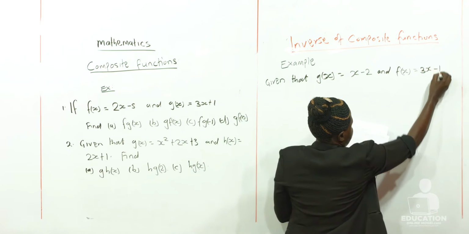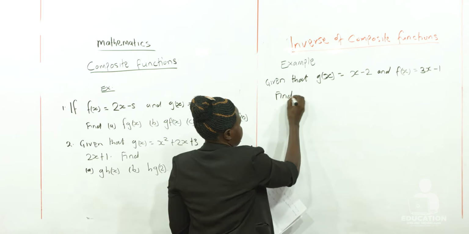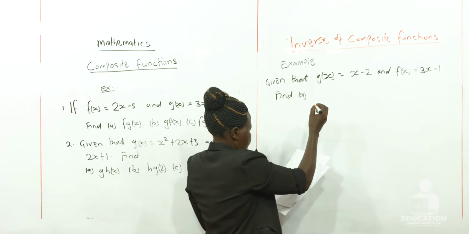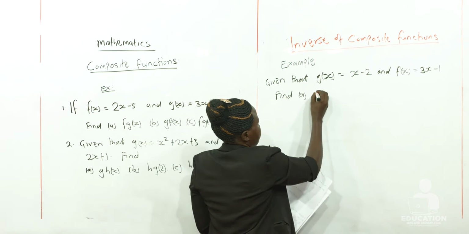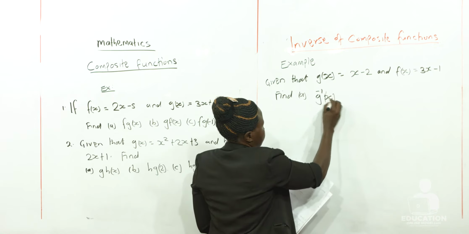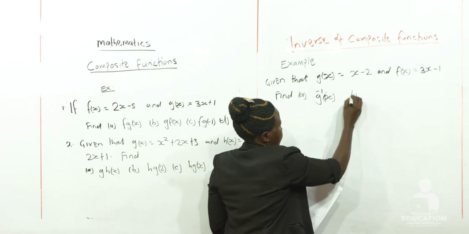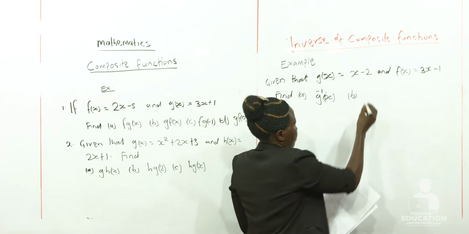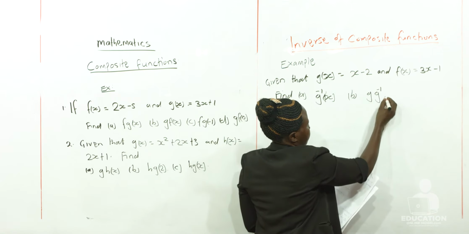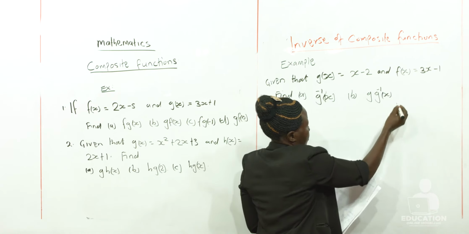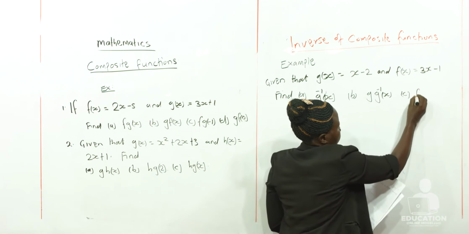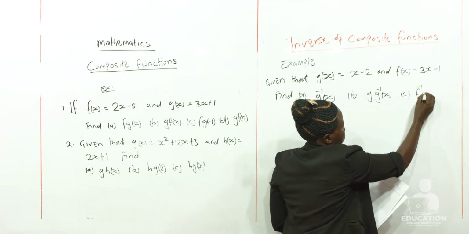And then they say find: A, g raised to negative 1 of x. B, g raised to negative 1 of x of ... and then C, f raised to negative 1 of x.